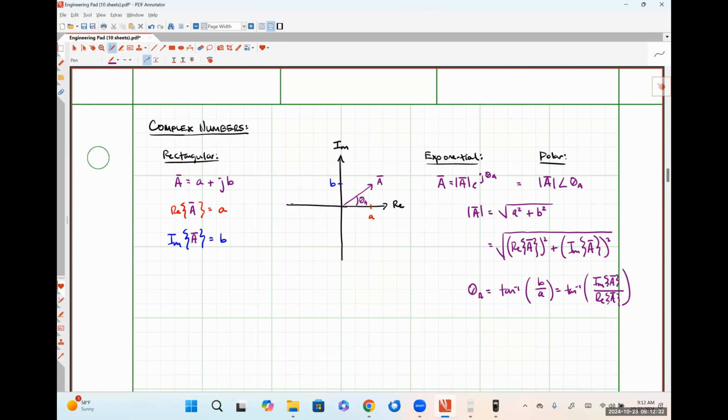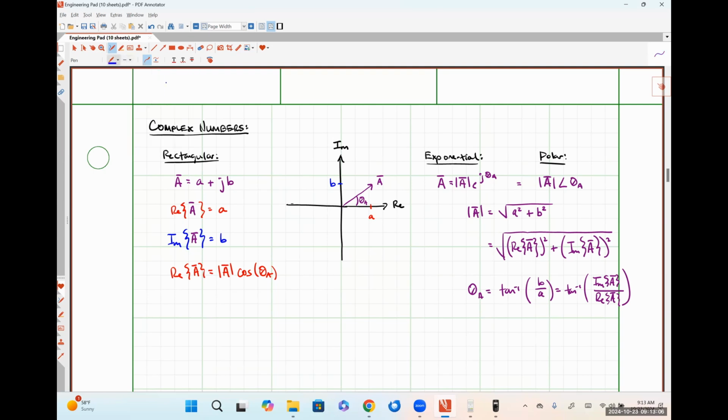So now let's talk about how we go the other way around, okay? So these are just effectively trig identities as well. So the real part of A is just the magnitude of A cosine angle theta A. So that's just the projection of A onto the real axis.